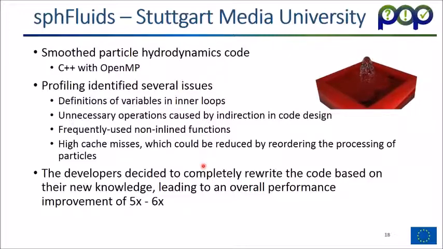And that identified a few places where improvement could be made, as listed there. And the developers actually decided to completely rewrite the code based on what they learned, and this led to an overall performance improvement of 5 or 6 times. So quite a significant improvement in this case.